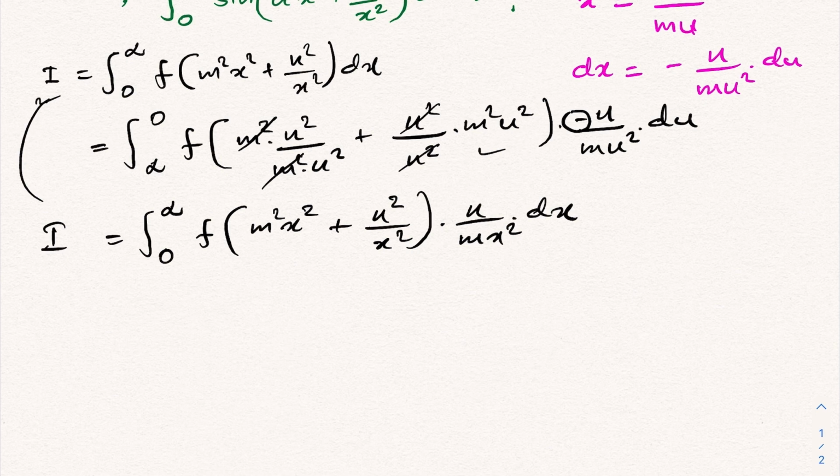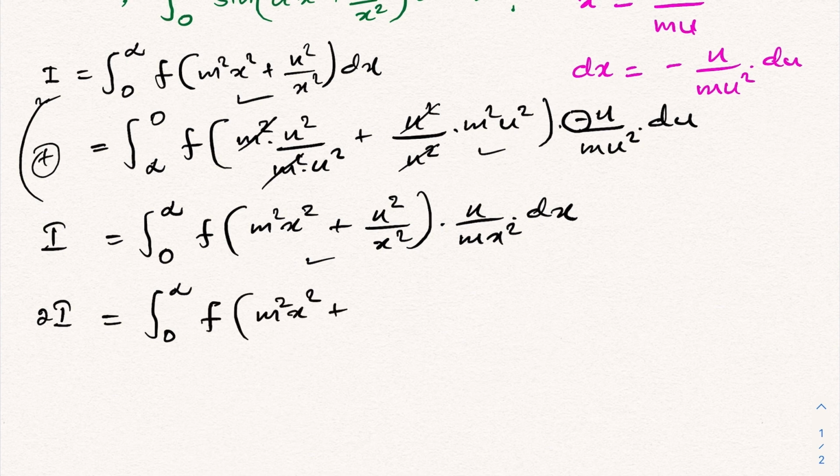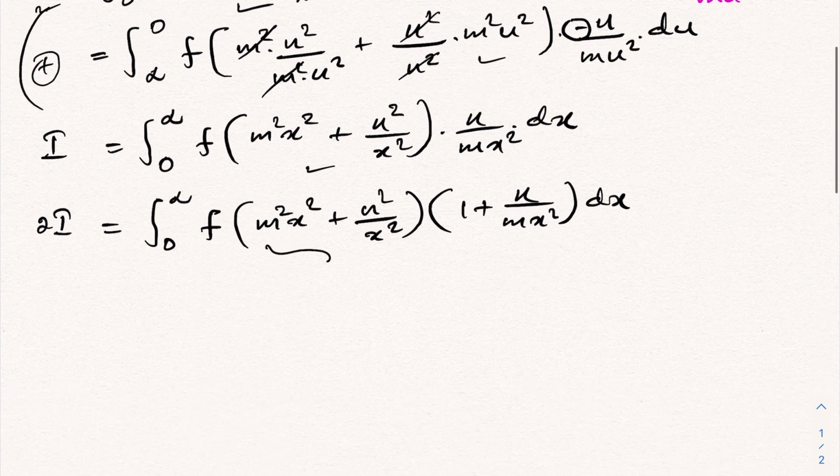So I'm going to take the sum of these integrals. So we have 2 times I is equal to, now with the same boundary, this function is a common factor: f of m square x square plus n square over x square times 1 plus n over m times x square dx. Okay, then this part we can express as a perfect square.